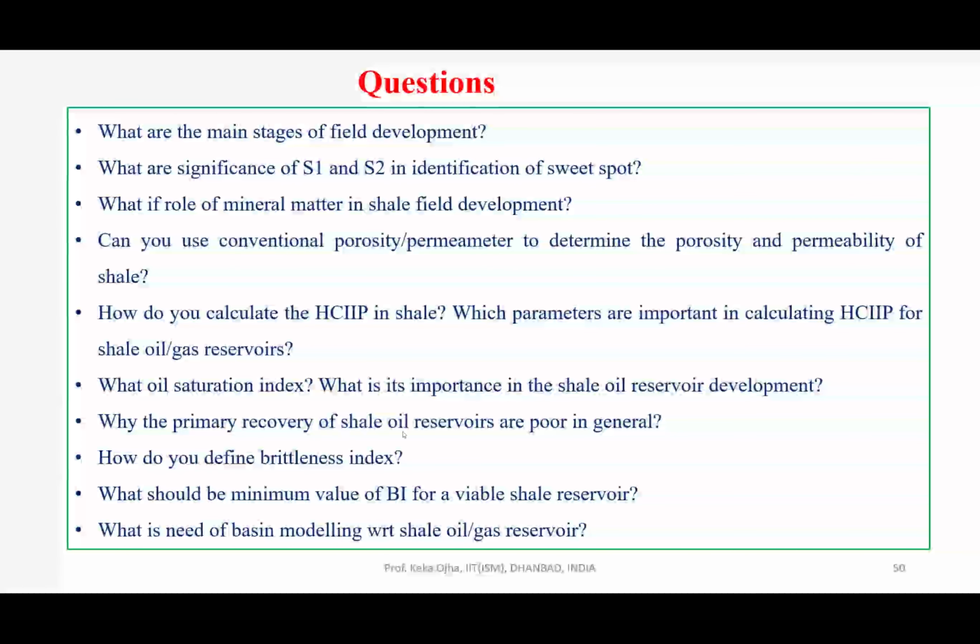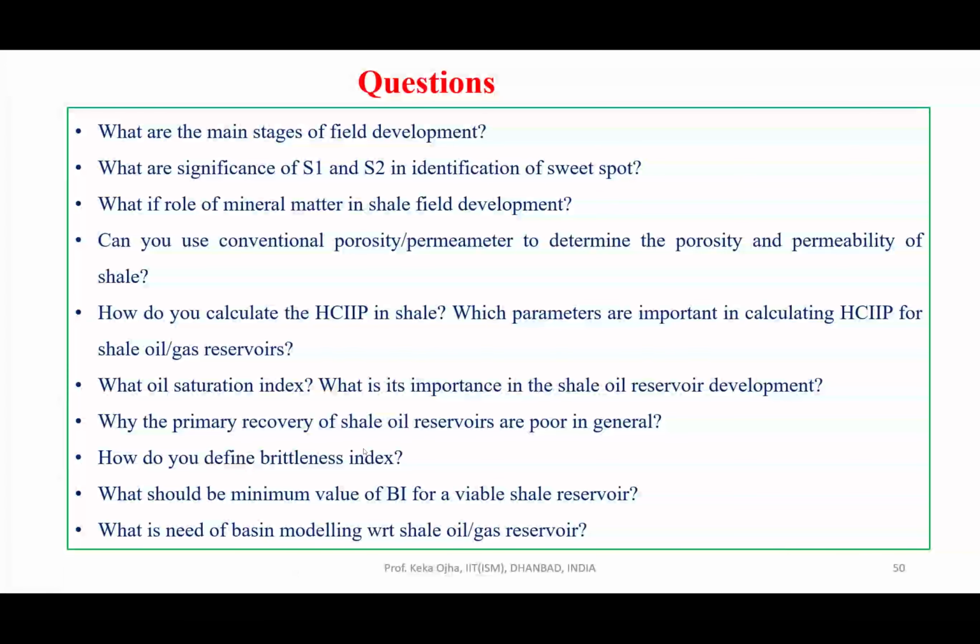Why is the primary recovery of shale oil reservoirs very poor? Because of low permeability and porosity, and in addition the retained volume in shale is very small. Porosity itself tells the storage capacity, so the amount is less.